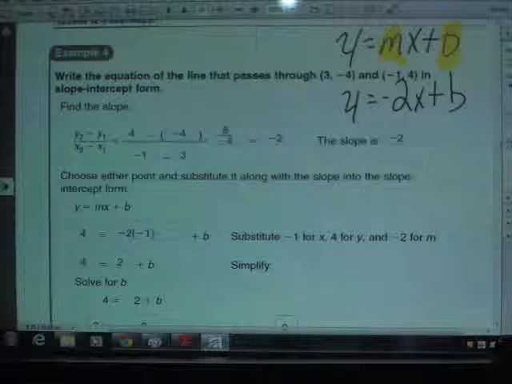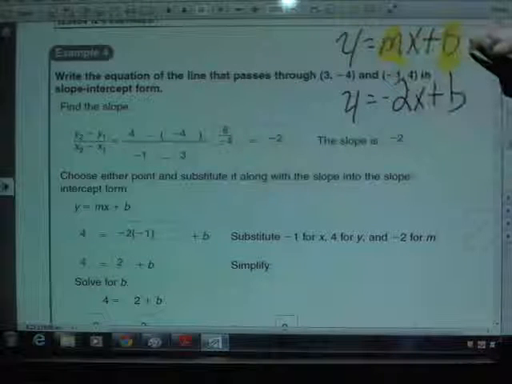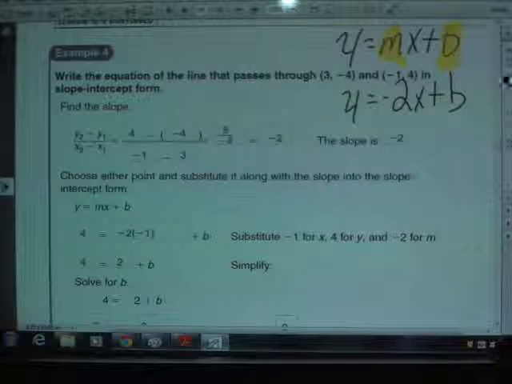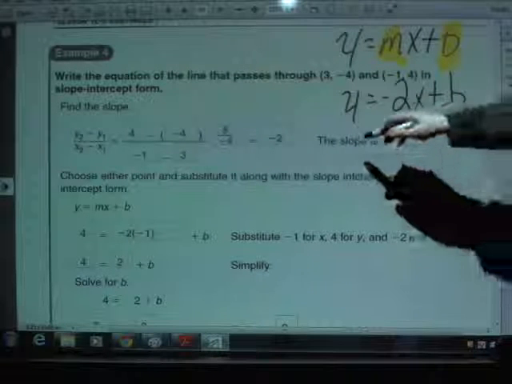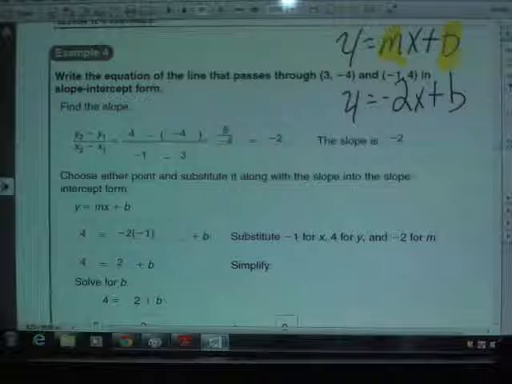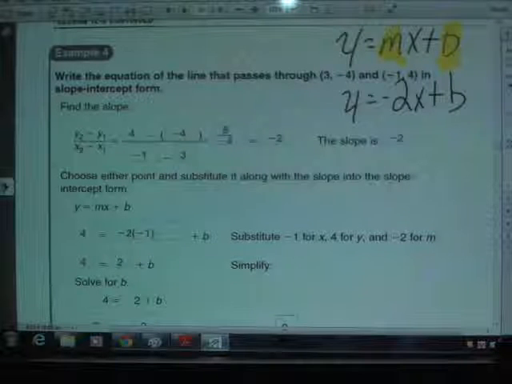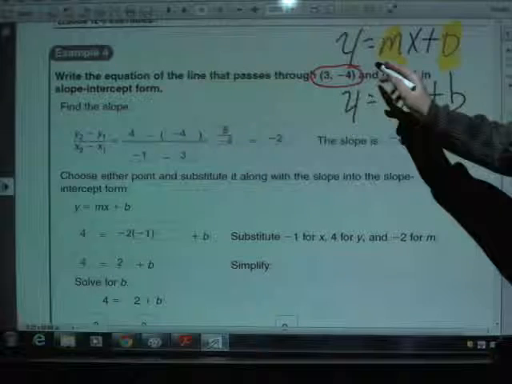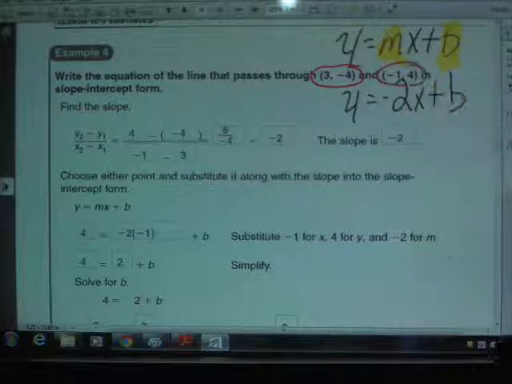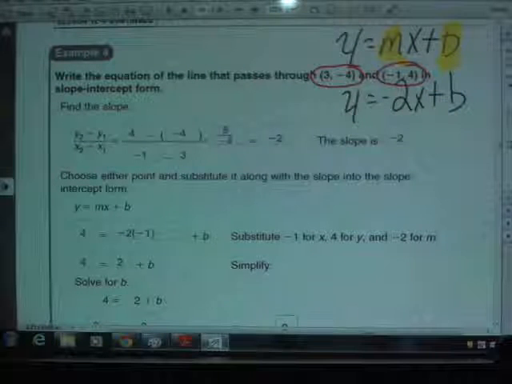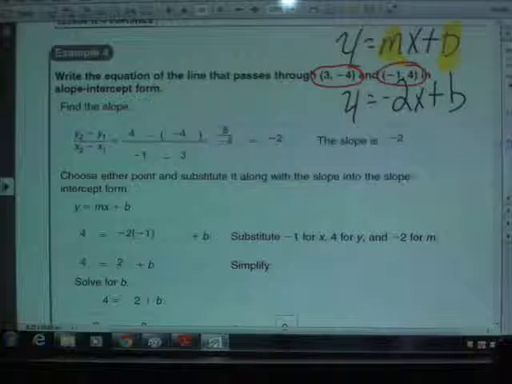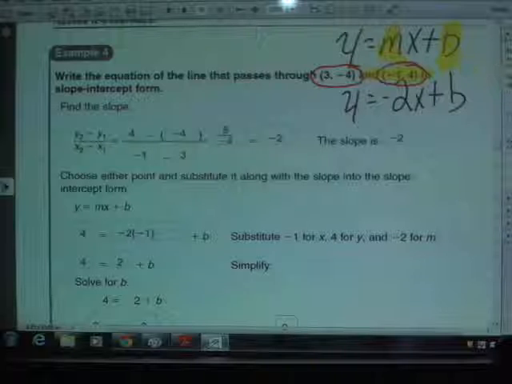Okay, but I still got to find b, remember, because the two things that we're going to change into numbers are m and b. What you want to do now is take this form of the equation that I just wrote, and pick one of the two points that we have here. So you're either going to pick (3, -4), or you're going to pick (-1, 4). It doesn't matter which one you pick, you just have to pick one. Since the book here is asking me to pick (-1, 4), that's what I'm going to pick.